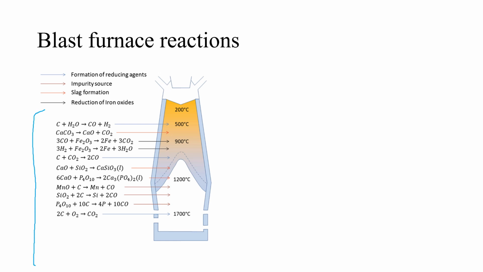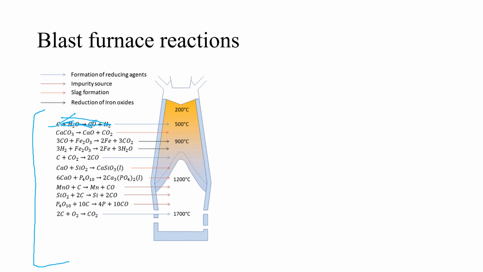As we discussed, generally four types of reaction occur. We have divided them into four different variations. First is the formation of the reducing agent. How does it form? As we added C, the coke, which is a form of carbon, inside it will react with either hydrogen or oxygen and form carbon monoxide.